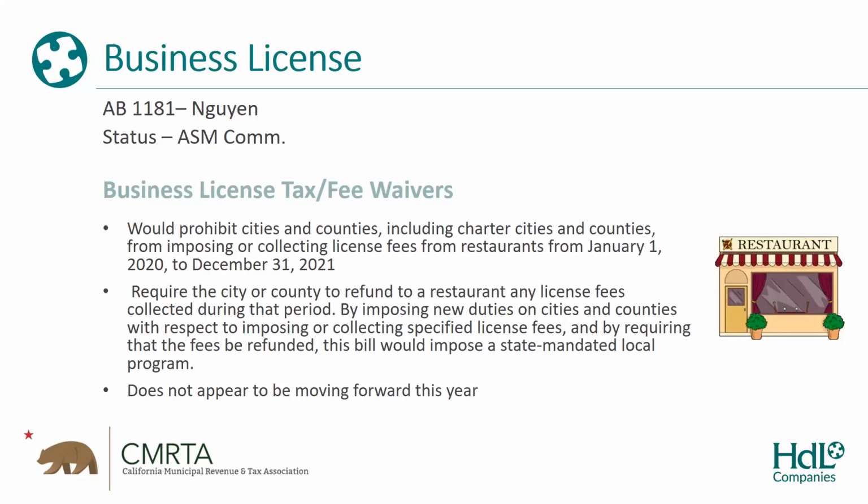Well, 1 year is already passed, and the next year we're already a quarter of the way through. So what would happen? You'd have to refund any licenses collected during that period. So that's going to be money out of your budget that you've already allocated and collected. So that's kind of going to be issuing a lot of refunds.